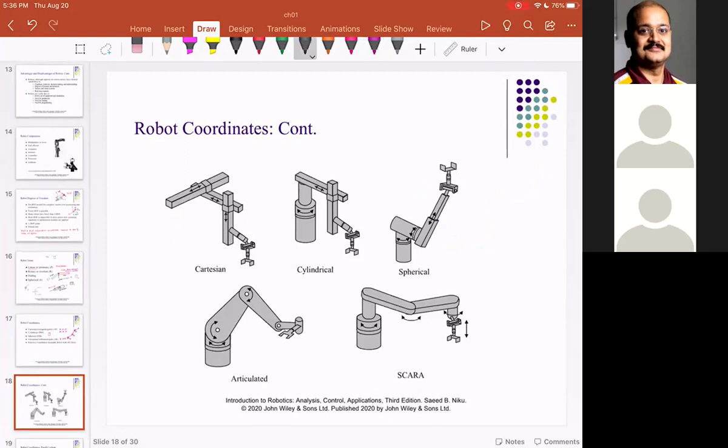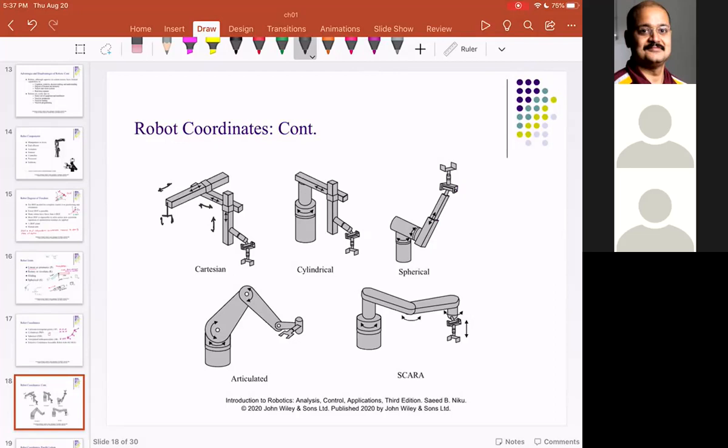What I want you to see is that you have motion in the Z direction, the Y direction, and the X direction. If this is the end effector, then the workspace spanned by the end effector is going to be rectangular.